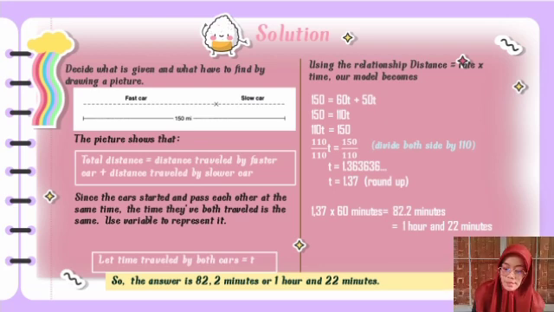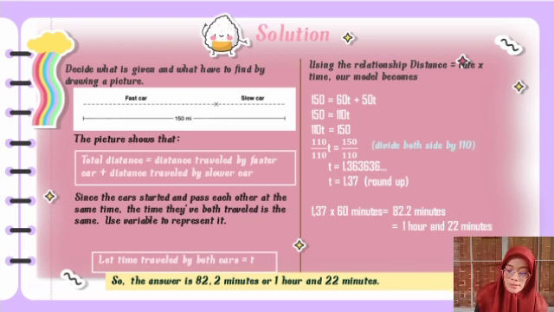Using the relationship distance equals rate times time, our model becomes 150 equals 60t plus 50t. 150 equals 110t. 110t equals 150.